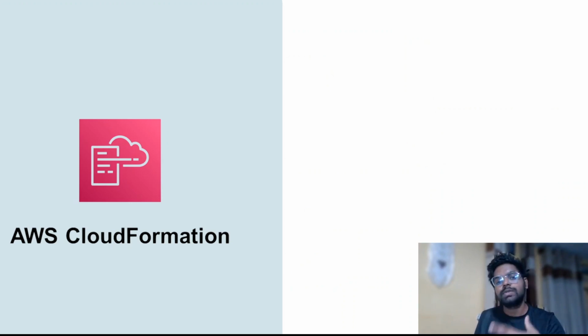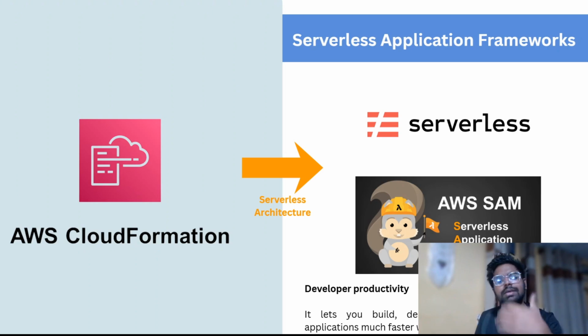Using an AWS CloudFormation template, you can create the resources that your application needs on AWS. It doesn't matter whether you are building a serverless application or a server-based application, you can use AWS CloudFormation. But when you consider building a serverless application on AWS, it is better to choose serverless application frameworks.